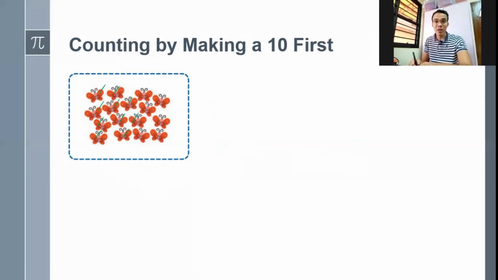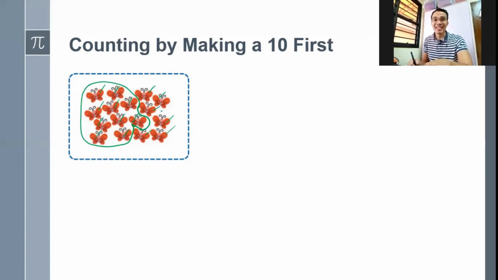After that, we're going to draw a big circle around these 10 butterflies. Next, we are going to count on starting from 10. The number of objects inside this big circle is 10, so no need to count them again. So we have here 10, 11, 12, 13, 14, 15, 16.